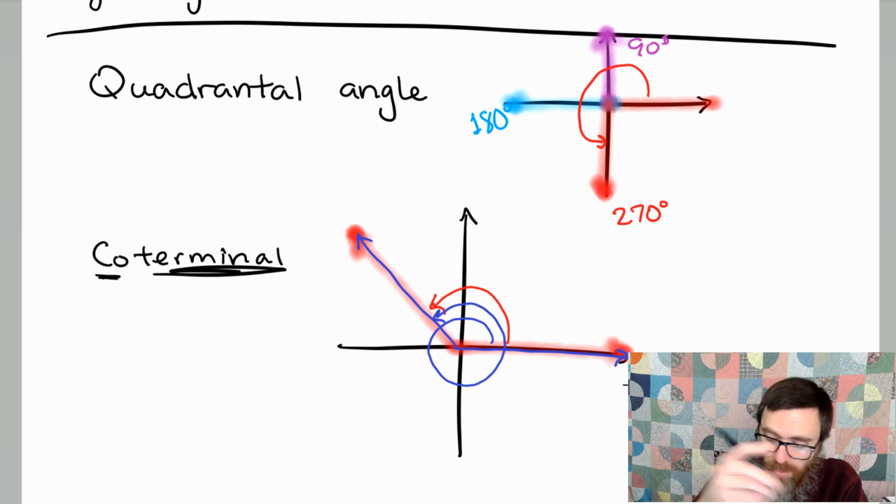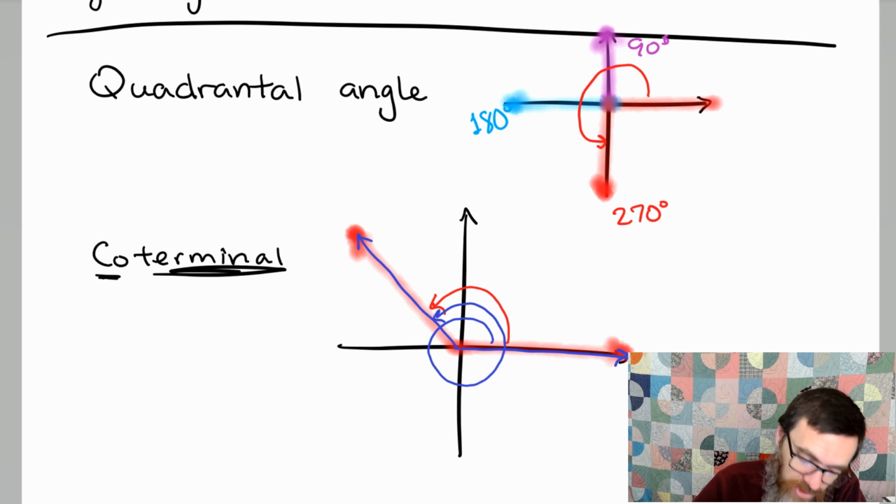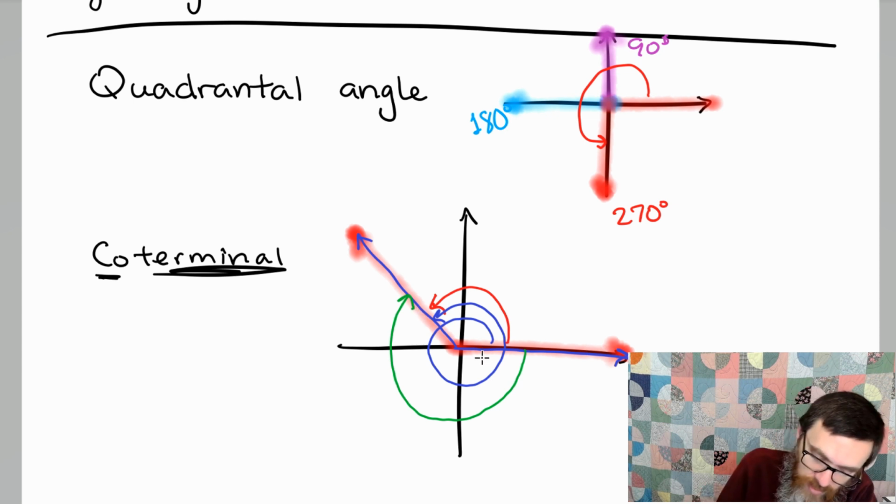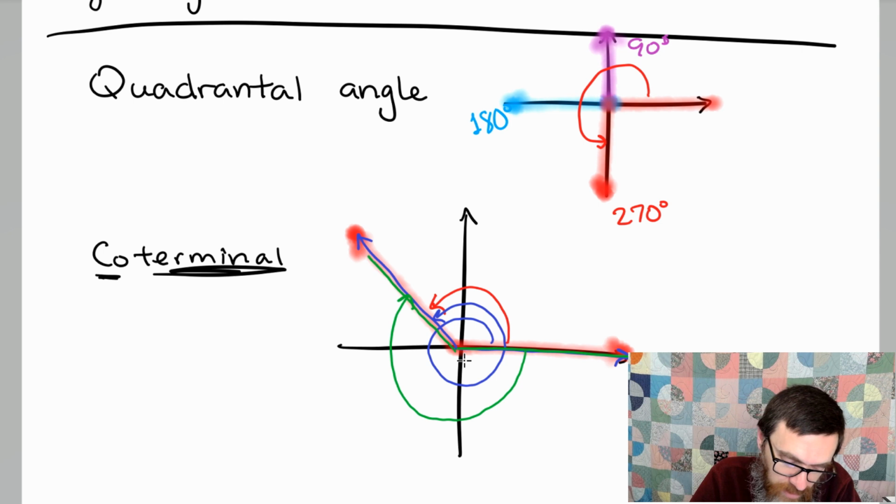Now we could go backwards if we wanted to, and go from here backwards this way, so you would have the same initial side, and the terminal side ends up being where the other ones were. All of these are coterminal. They end pointing in the same direction. So even though they might have different angle measures, they all would end up being evaluated the same.